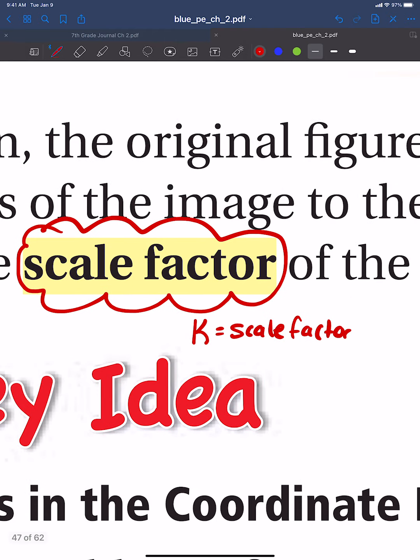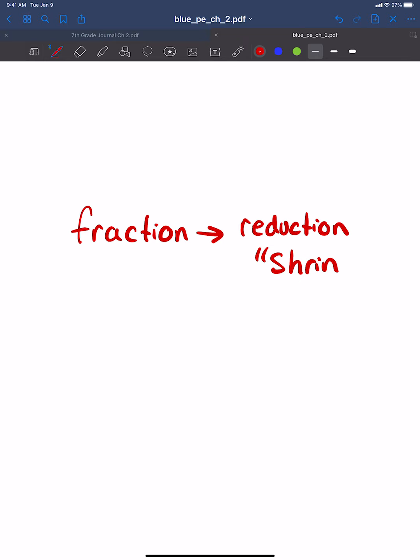And something you also need to know is if the scale factor is a fraction, the shape will shrink.